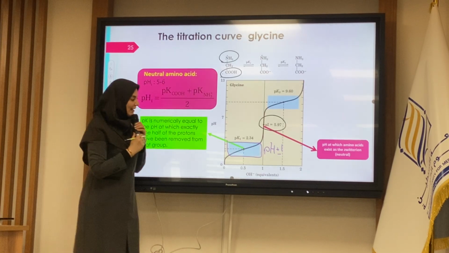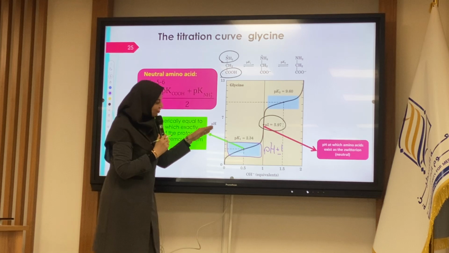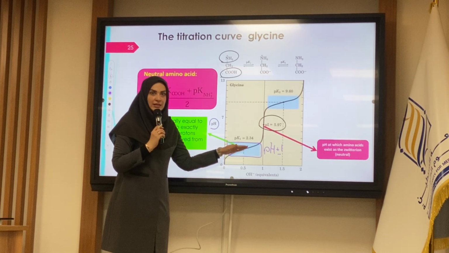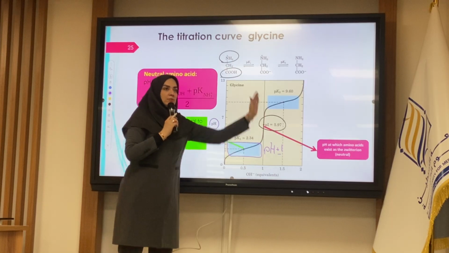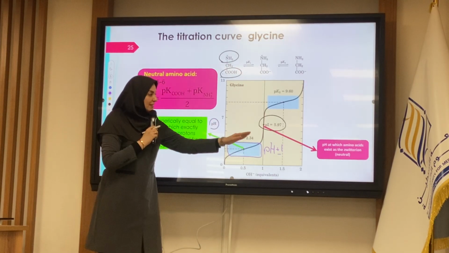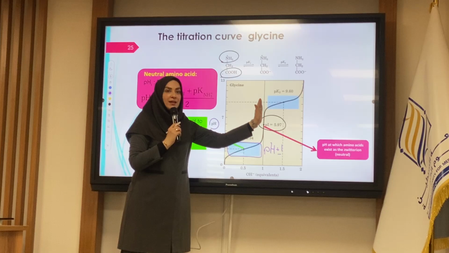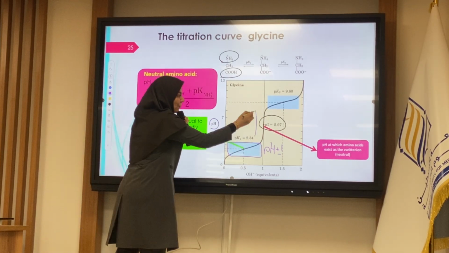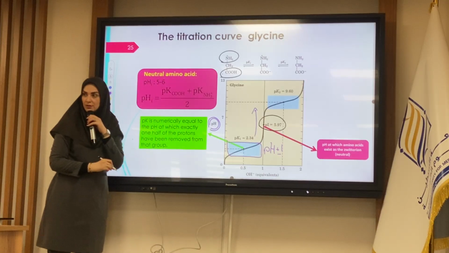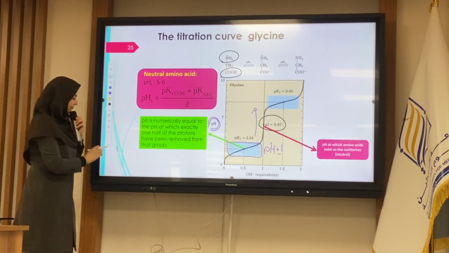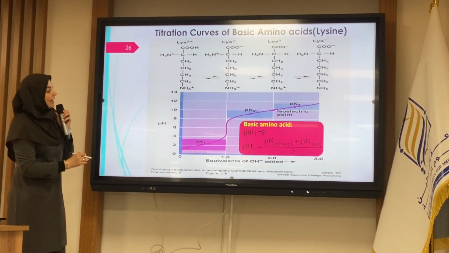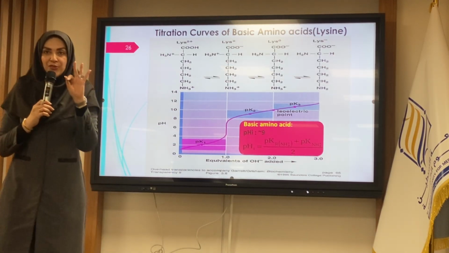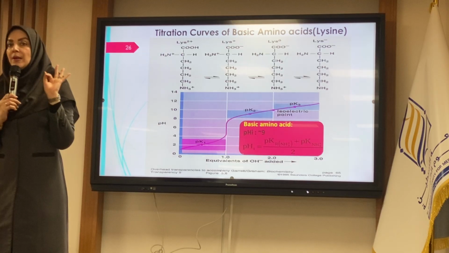As you can see here, the change of the pH is very slow. But whenever you exit this chart, it means that you exit from the buffering region, and suddenly you have a change in pH. Do you understand?